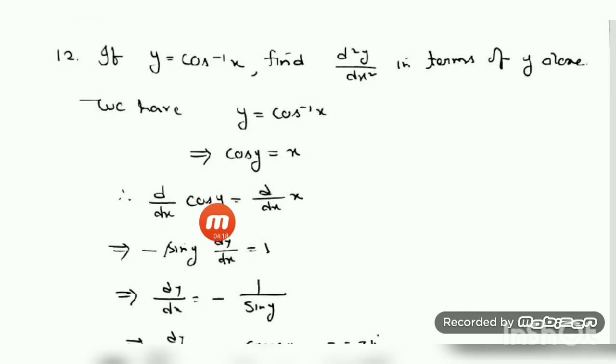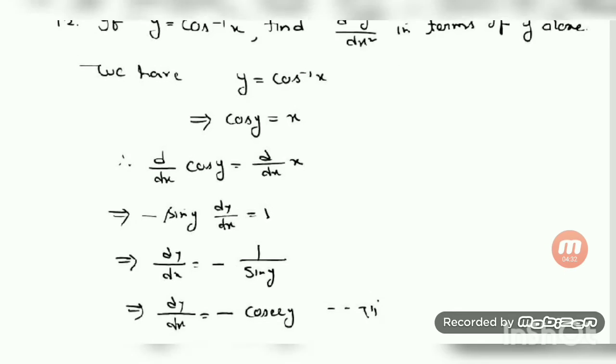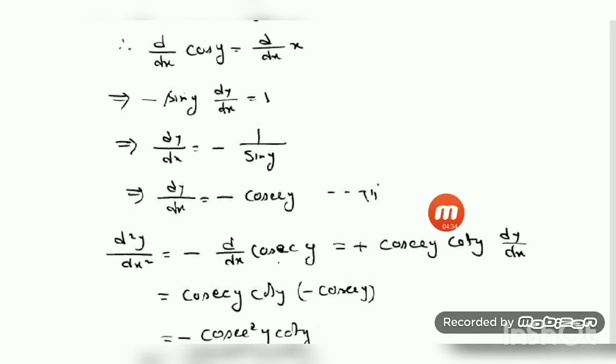Think of y as x, then the cos x formula can be applied, which gives minus sin y into dy/dx, and d/dx of x is 1. So dy/dx equals minus 1 by sin y, which is minus cosec y. I mark it as number 1.